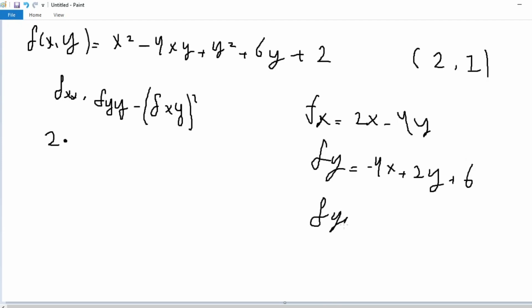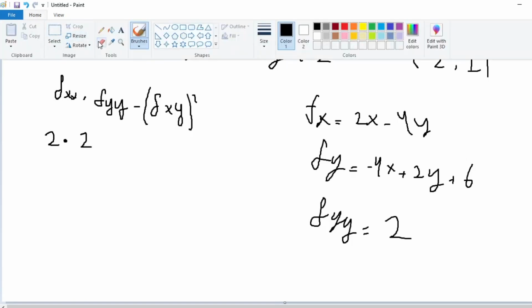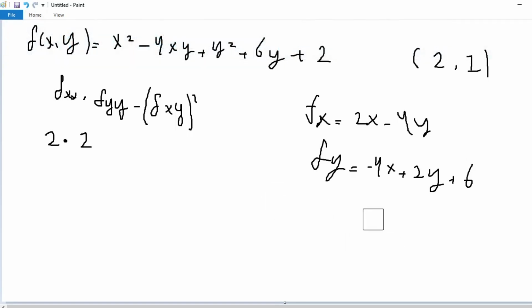F double y is going to be 0 here, and here it's going to be 2. Here there is only 2y, the 6 is going to be 0, and negative 4x also is going to be 0. So here we can say 2 times 2. And let's delete the f double y.